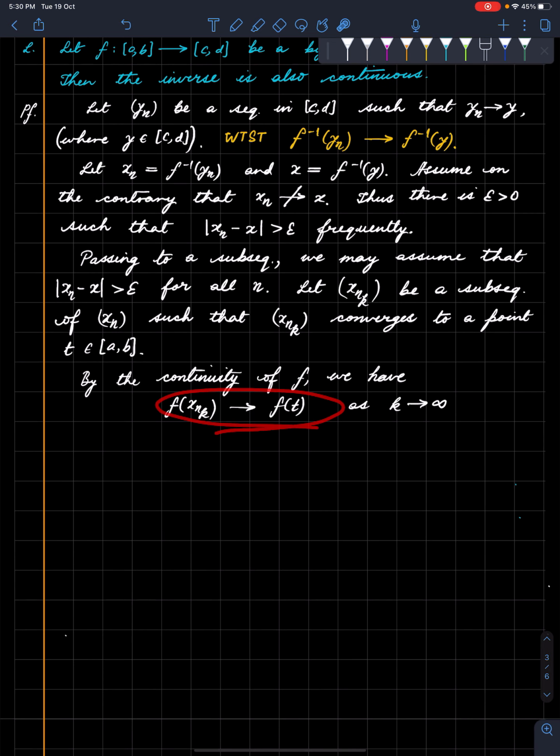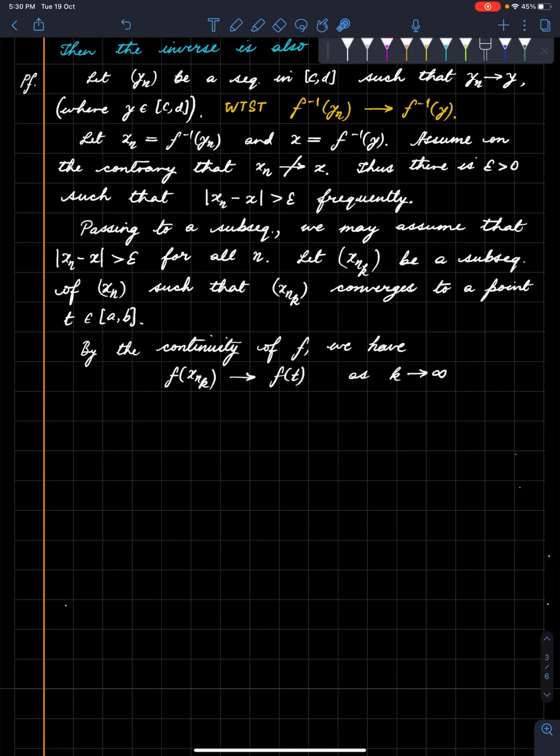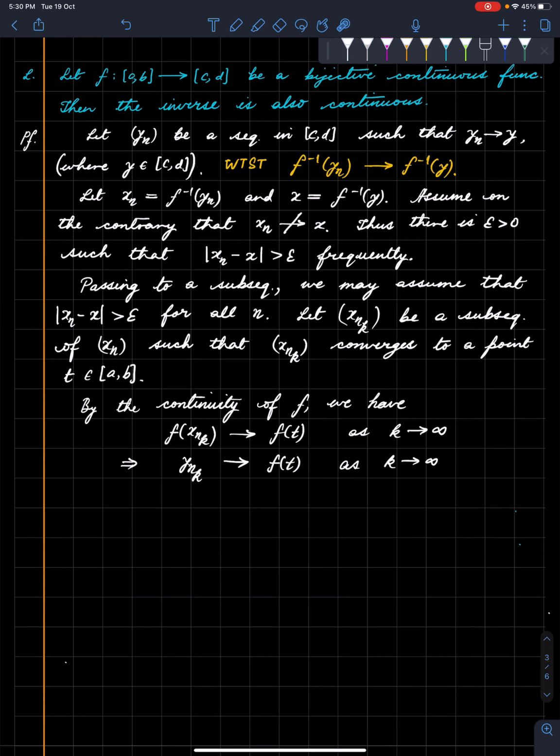So this is the convergence criterion of continuity. Okay, but this implies that ynk converges to f of t as k approaches infinity. But since yn converges to y, ynk also has to converge to y. Any subsequence of a convergent sequence has the same limit as the parent sequence.